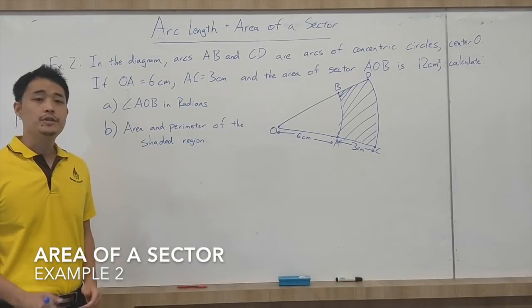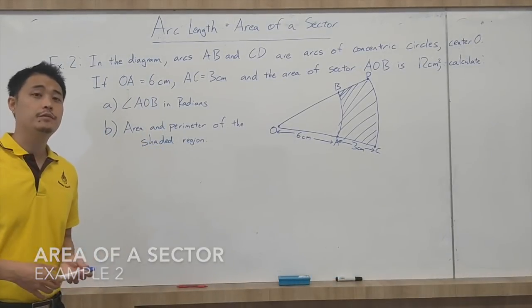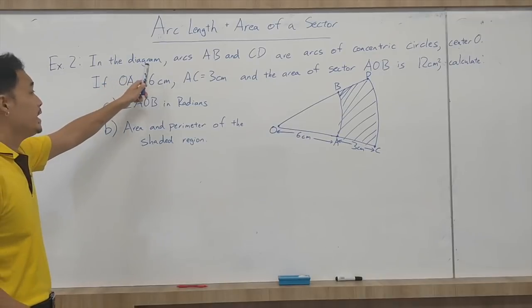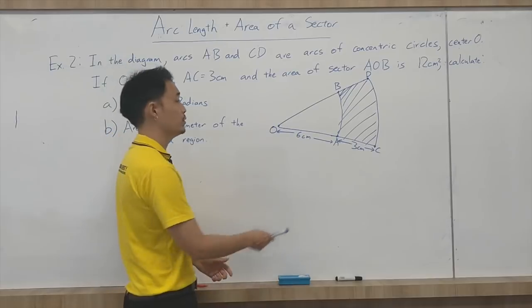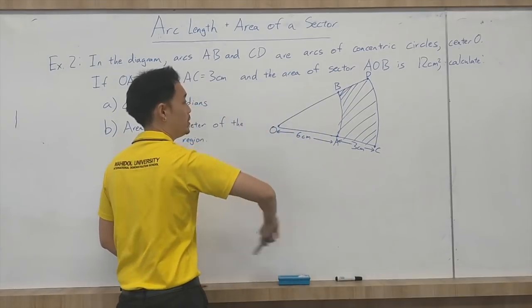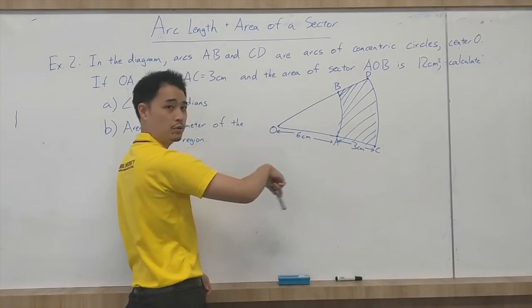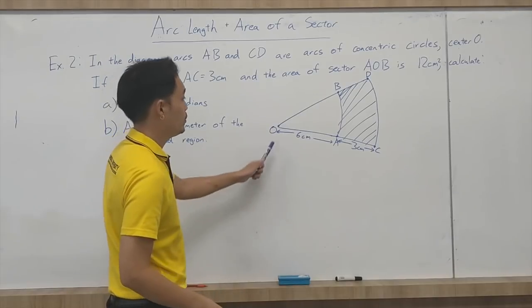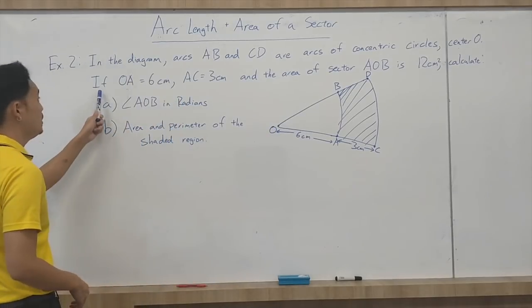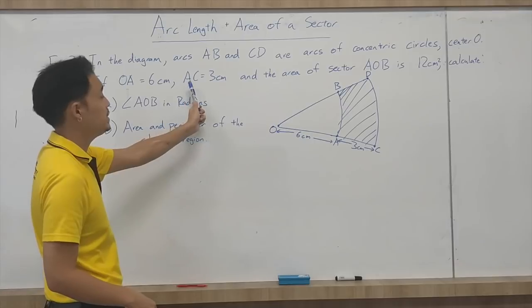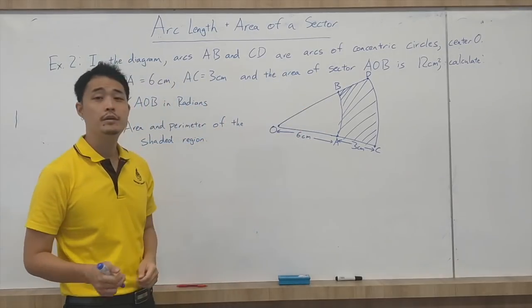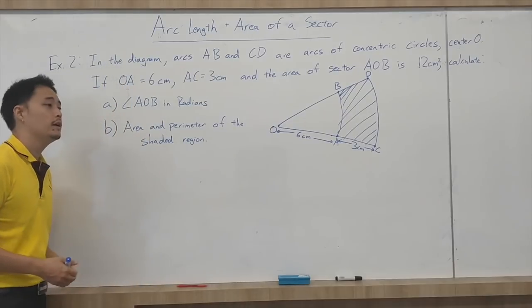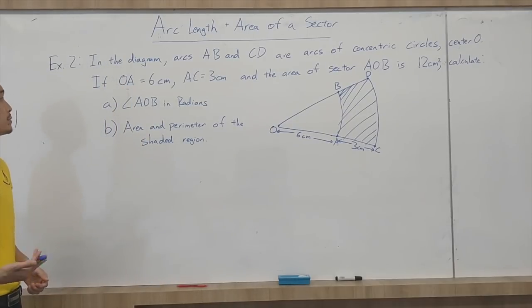Okay, so for this second example, we're going to try and put all this stuff together. We're going to have a diagram with arcs AB and CD, arcs of concentric circles. So imagine this is one big circle and then another smaller circle inside of it with center O. If OA is 6 centimeters, AC is 3 centimeters, and the area of sector AOB is 12 centimeters squared, calculate angle AOB in radians.